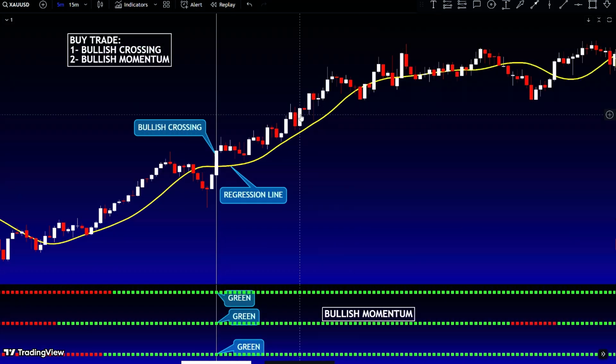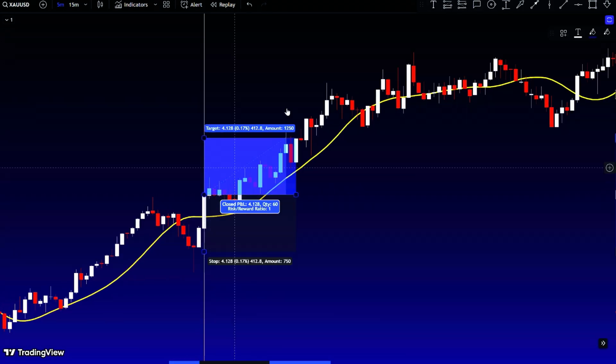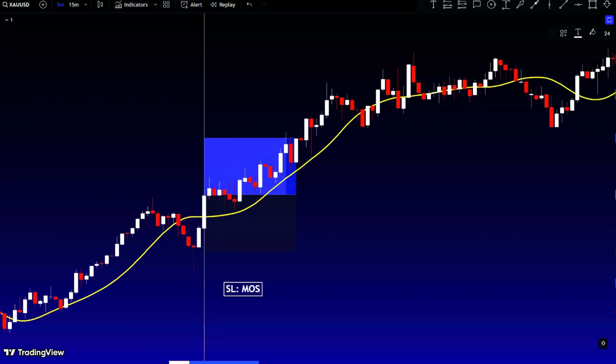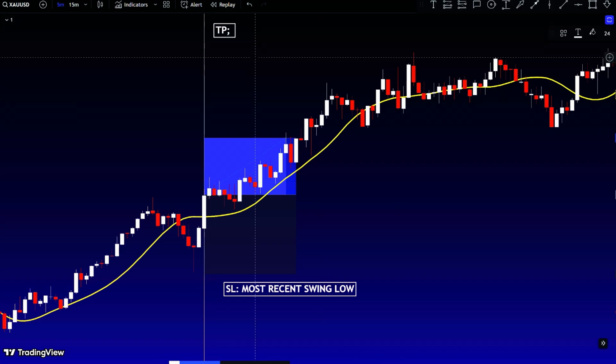With all entry conditions met on this candle, we're all set to enter the long position. And to cover our bases, we'll place the stop loss just below the recent market swing low, minimizing potential losses. As for take profit, let's aim for 1.5 times the risk, balancing risk and reward nicely.